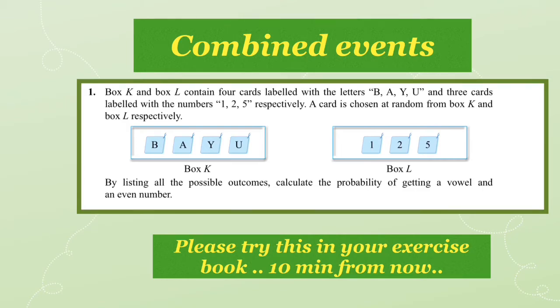By listing all the possible outcomes, very important sentence, listing. You have to list out all the possible outcomes. Calculate the probability of getting a vowel and an even number. And it's very important. So please try this in your exercise book. Okay, I give you 10 minutes to try. Okay, good luck.